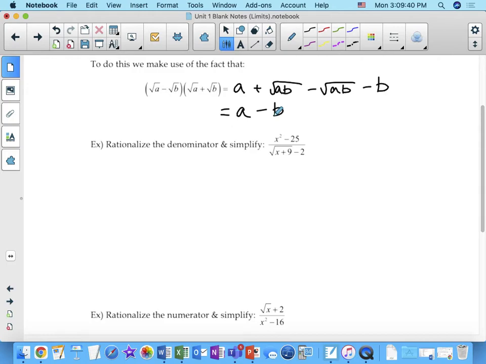Okay, so rationalize this. If we wanted this denominator to be rational, we'd have to multiply it by its conjugate. The only way to do that and keep the expression the same is if we multiply the numerator by its conjugate as well. So we're going to multiply by the conjugate over the conjugate. The conjugate of this is the square root of x plus 9 plus 2.